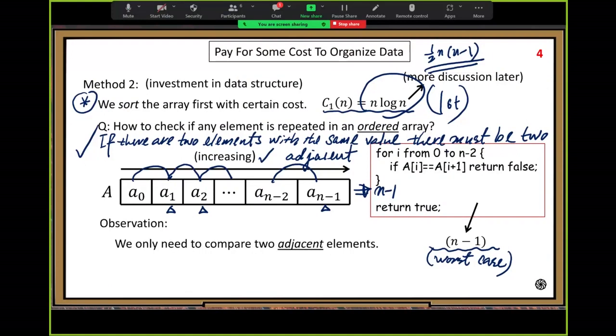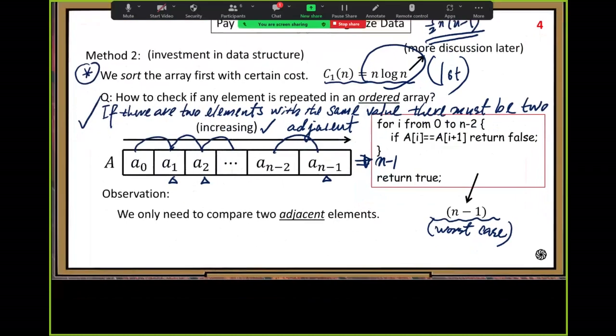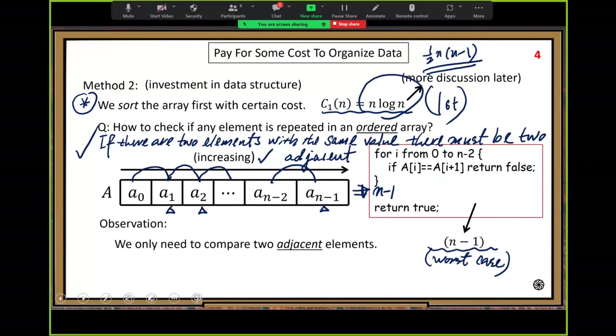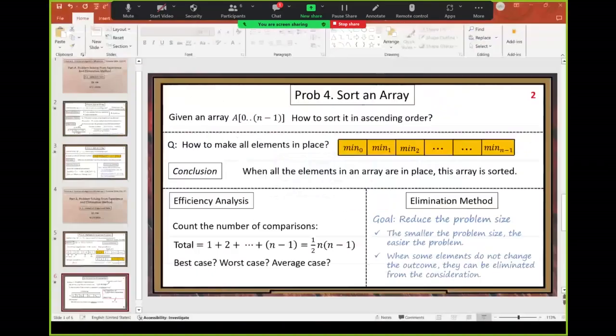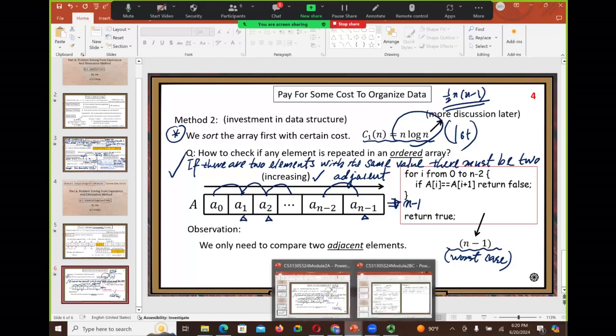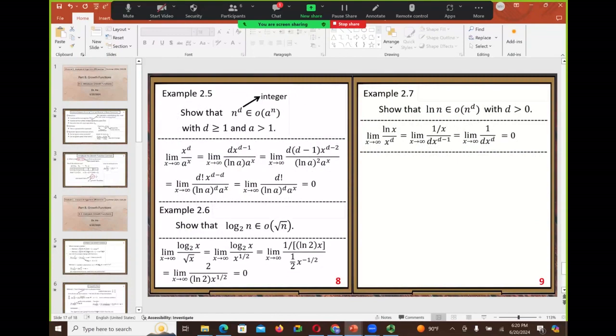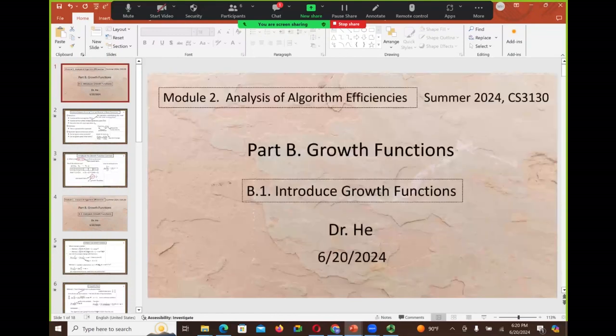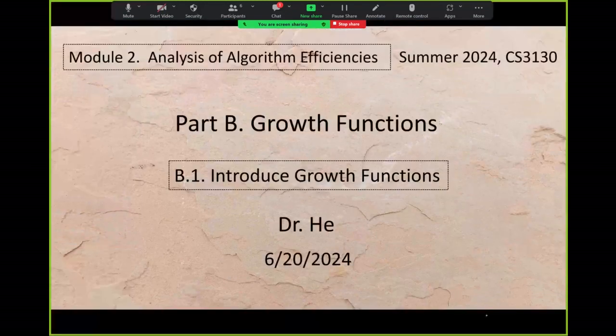Now I want to get out of the presentation. Then move to part B and then part C.